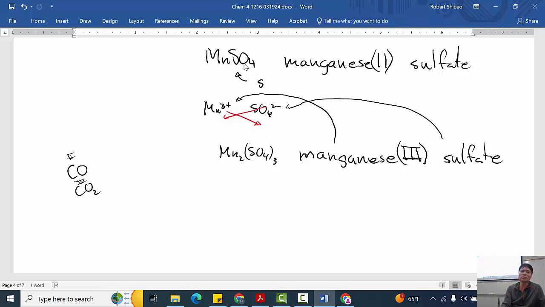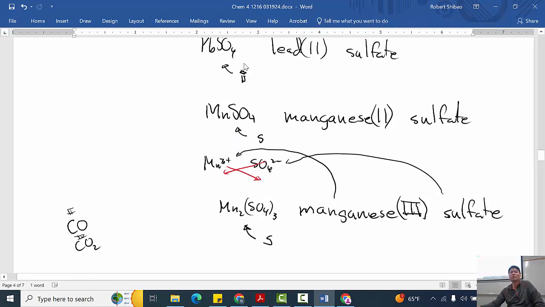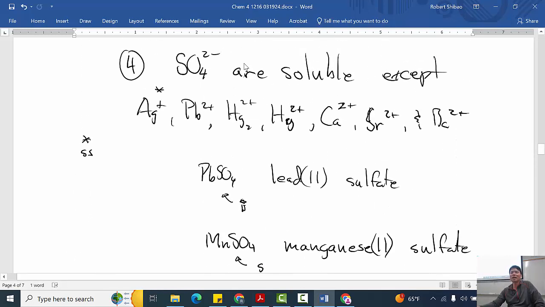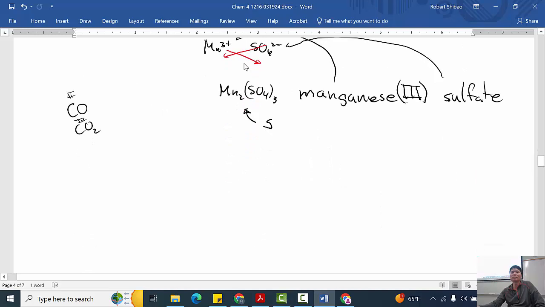But if we don't use carbon 2 and carbon 4, then we have to use mono and di. Manganese 3 sulfate: soluble, insoluble, slightly soluble? Soluble. It's only when sulfate is paired with these cations that we call it insoluble.